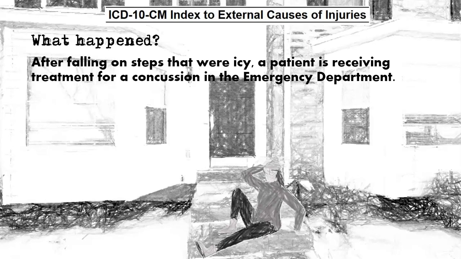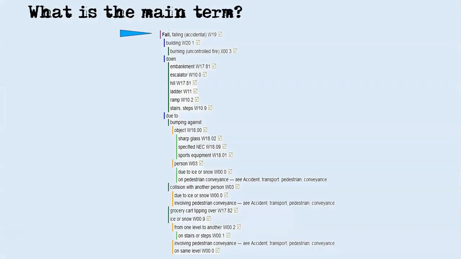After falling on steps that were icy, a patient is receiving treatment for a concussion in the emergency room. We will now open the ICD-10-CM coding manual to the external cause index. What is the main term?